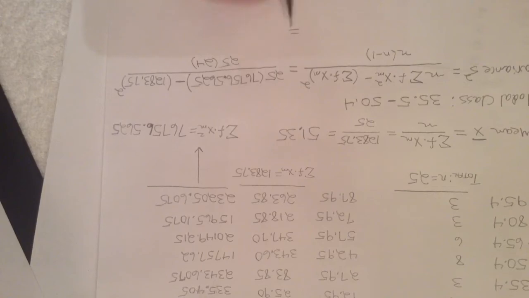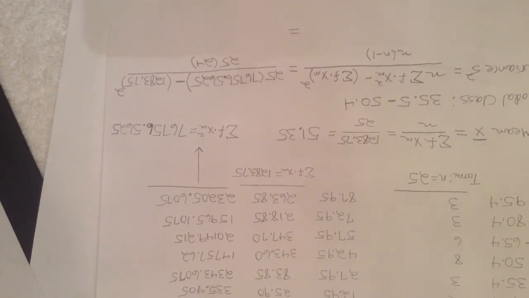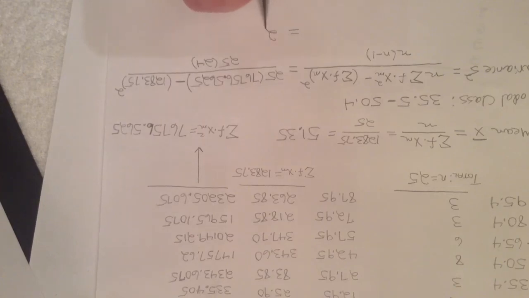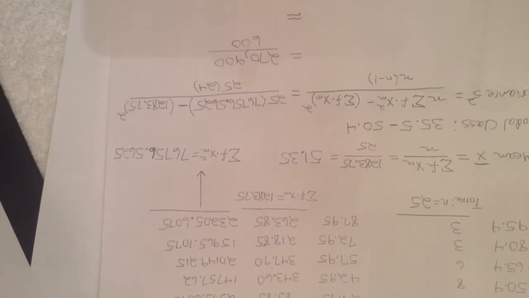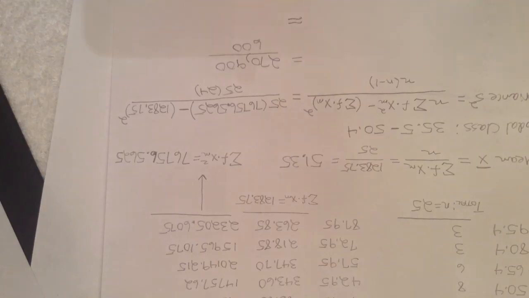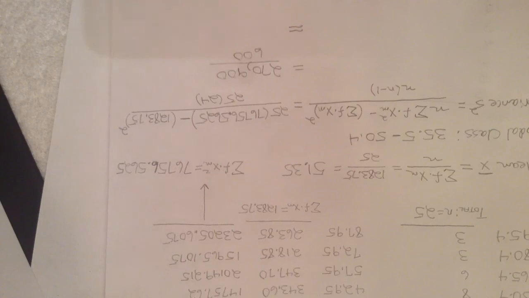After substituting and breaking it down, taking the numbers as they are, you have for the difference 270,900 divided by 600.